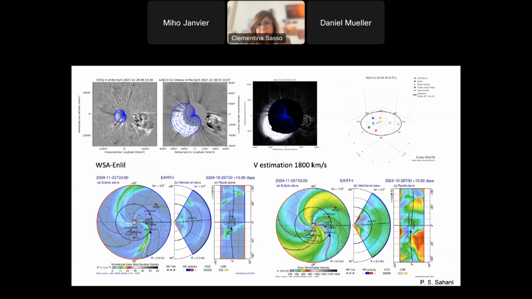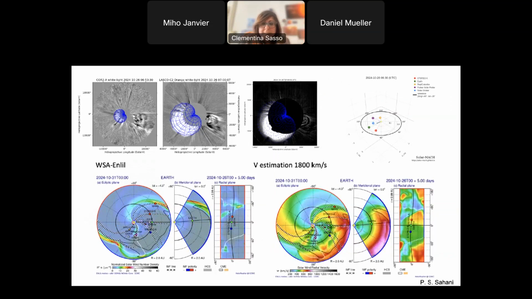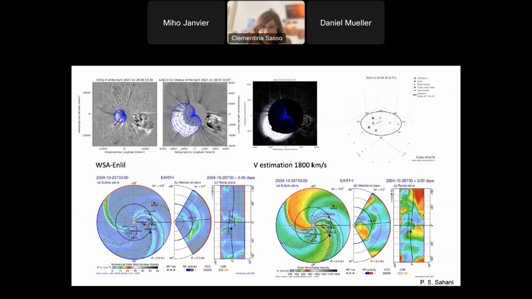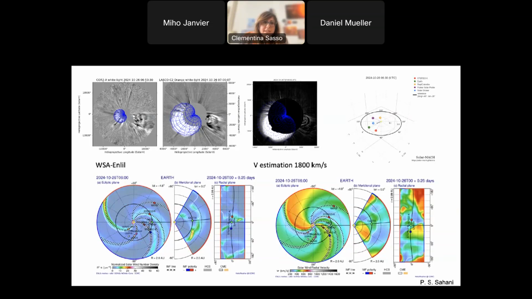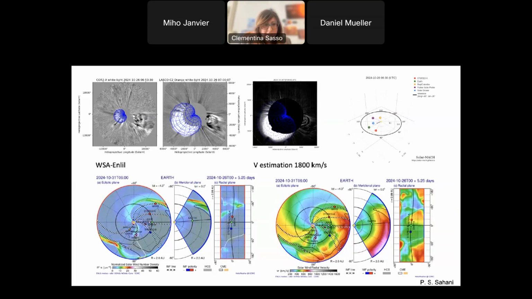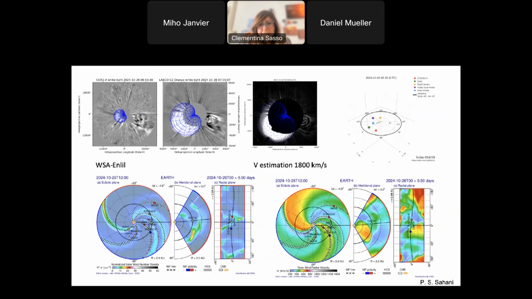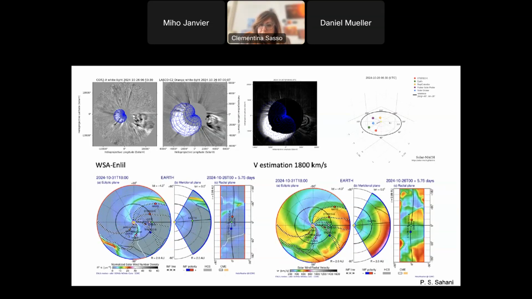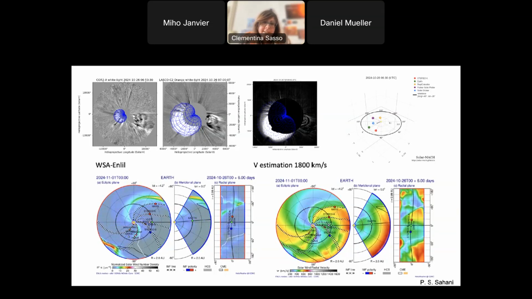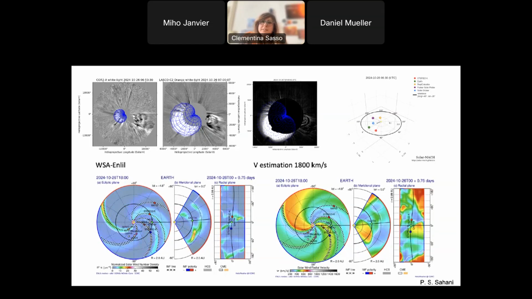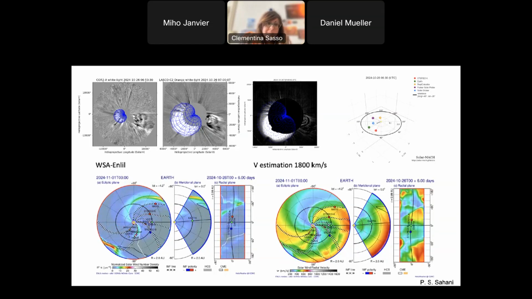We are also making some estimation of the geo-effectiveness of this CME, in particular the halo CME that we saw mostly on the east limb of the sun, since we have a PhD student here in Naples, Priti Sahani, that is working on the geo-effectiveness of CMEs.